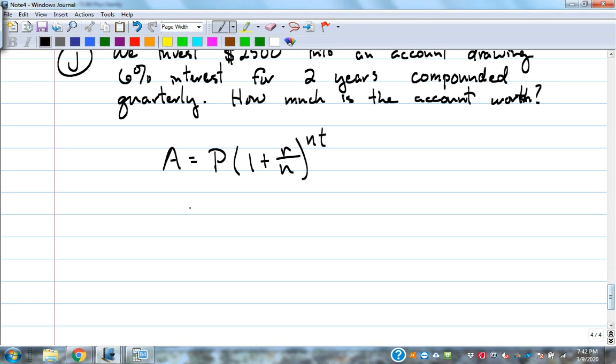We're just plugging in the stuff we know. 2,500 goes in the place of P. The interest rate, 0.06, 4 times a year for 2 years. So we're just plugging in that stuff, cranking out a number, and showing us how much money we earn by just taking $2,500, throwing it in that savings account, and not putting any other money in there with it.